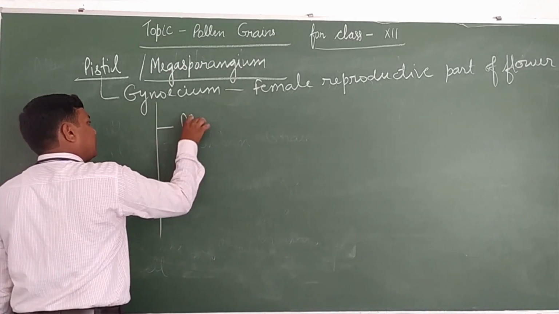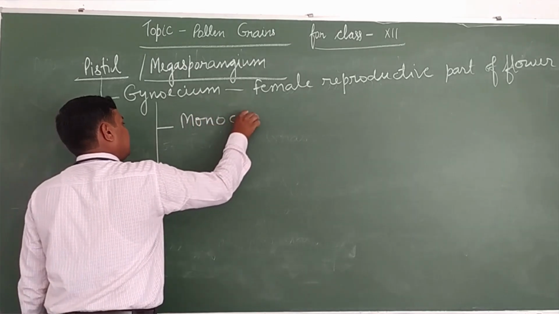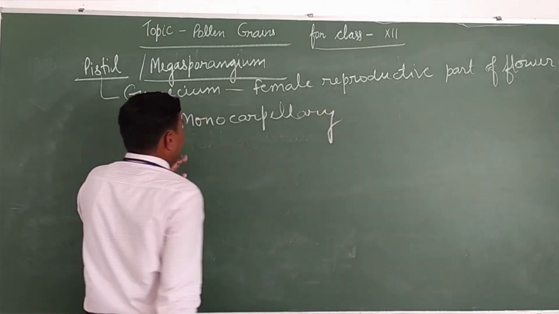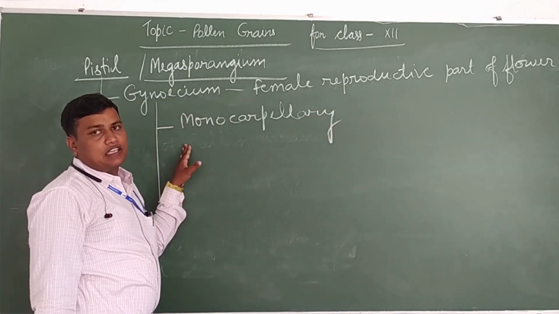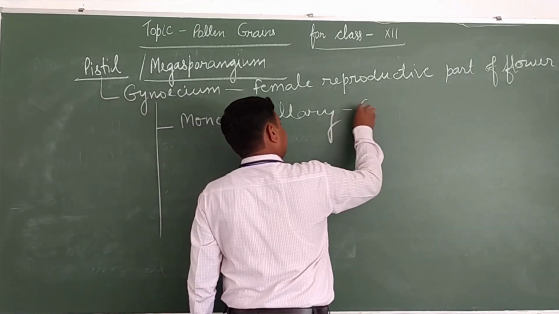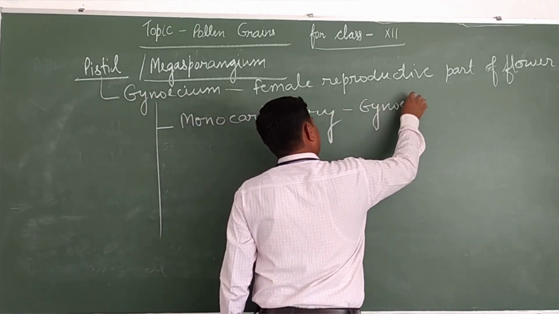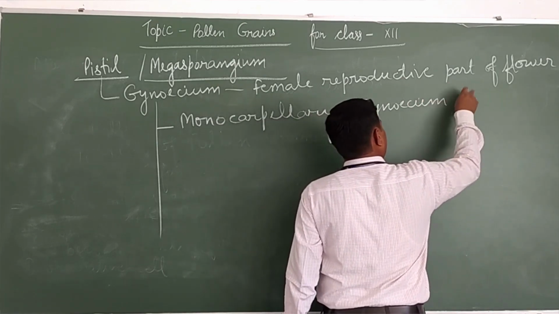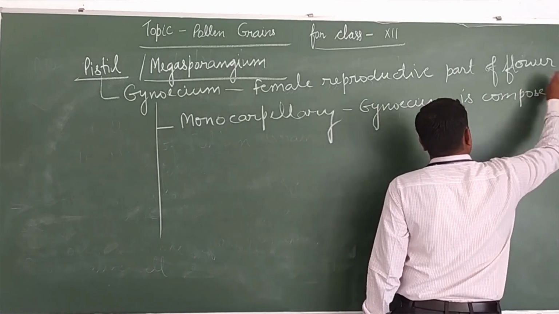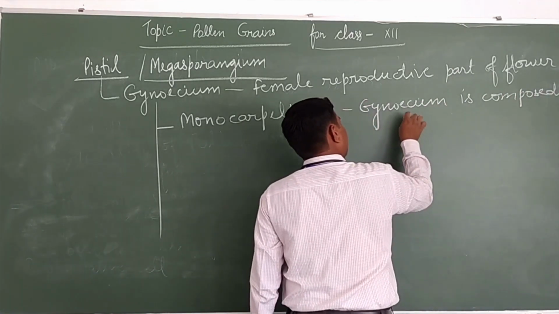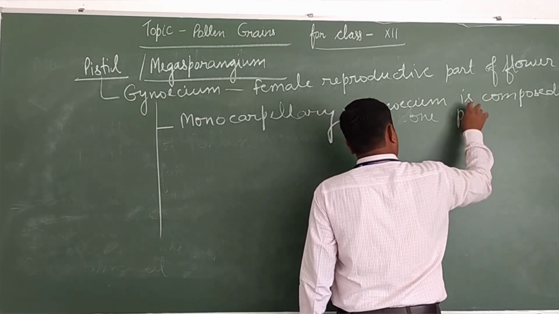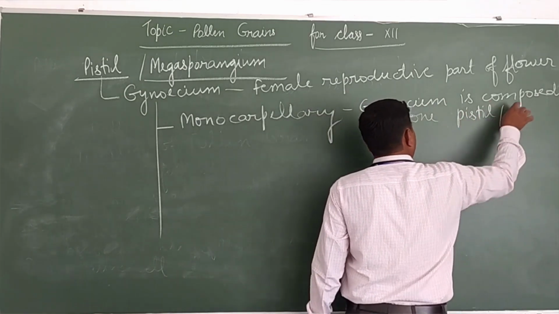First is the monocarpellary. Monocarpellary means the gynecium is composed of only one carpel, one pistil. Pistil or carpel, both are the same.